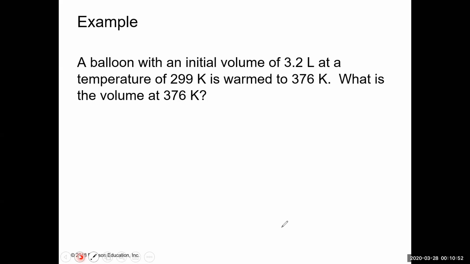So we see here, we have an initial volume and initial temperature, we have a final temperature and we want to know what that final volume is. So we know that we're using Charles' law, which is V1 over T1 equals V2 over T2.